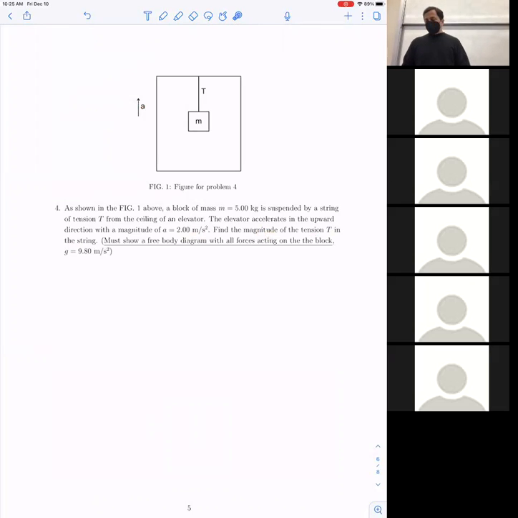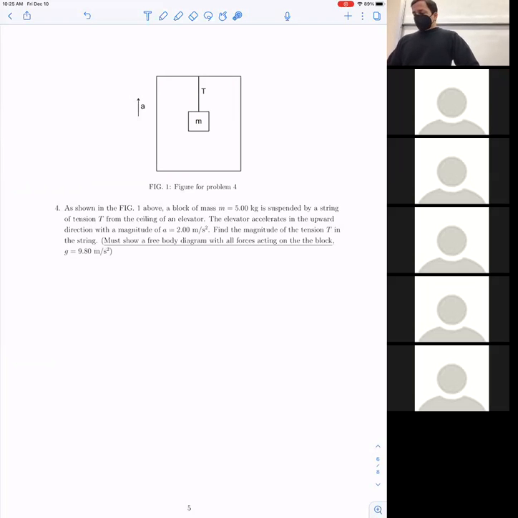Again, let me emphasize that this picture here is not a free body diagram. It's a cartoon of what is physically happening. And we want to translate that into a free body diagram just for this mass M, so that we can figure out what is this force of tension that is acting on it.